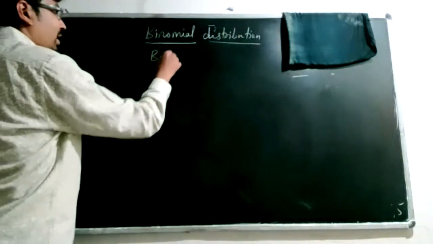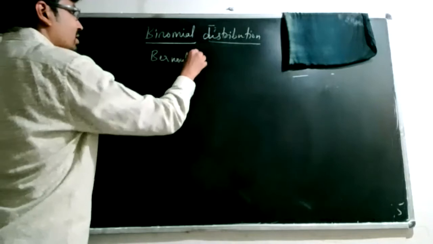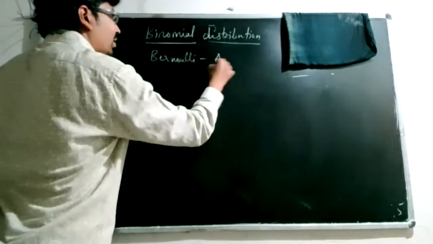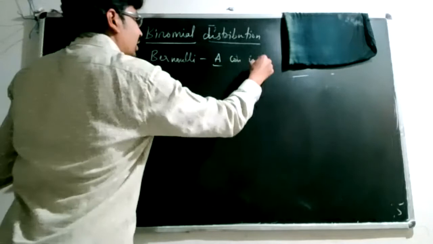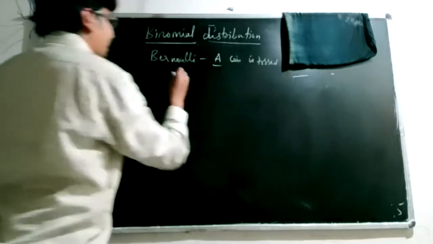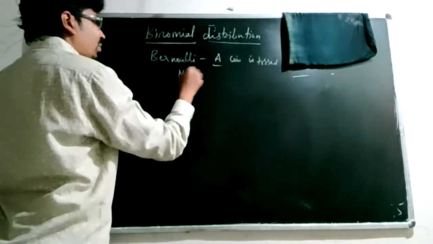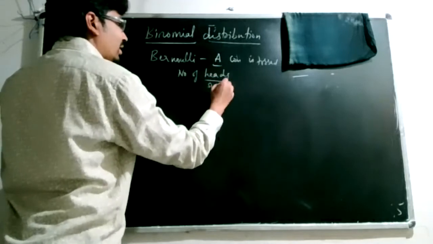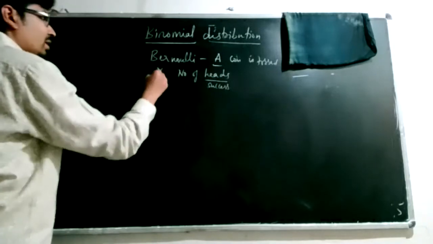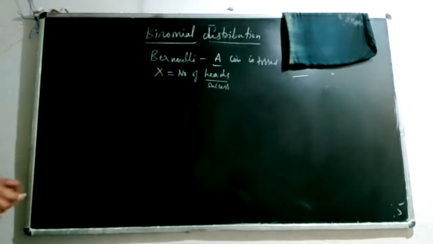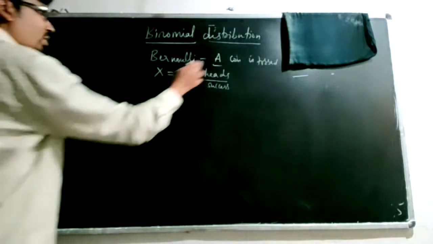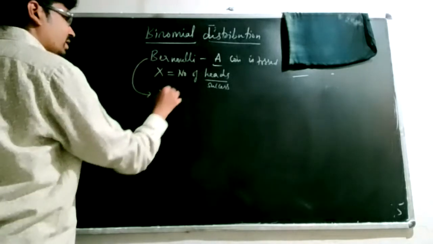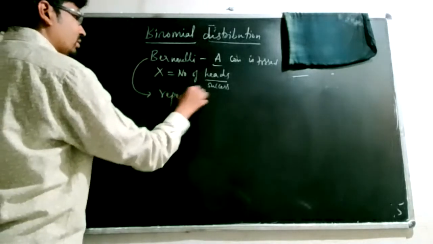So I said the coin tossing experiment is Bernoulli. A single coin is tossed, and we define counting the number of heads. So occurrence of heads is called success here. So my x is the number of heads. Now I repeat this 3 times.